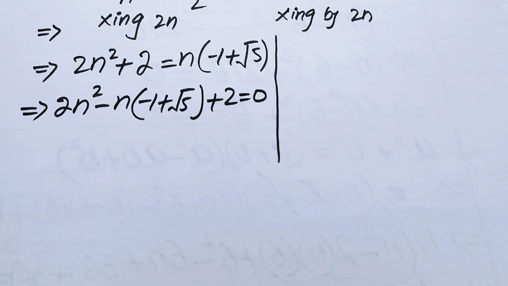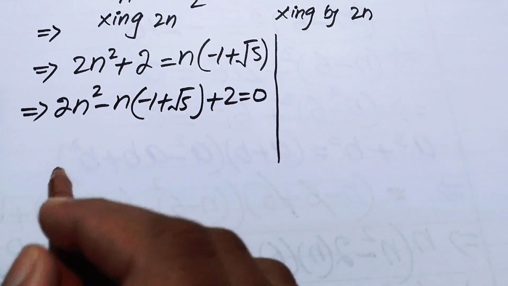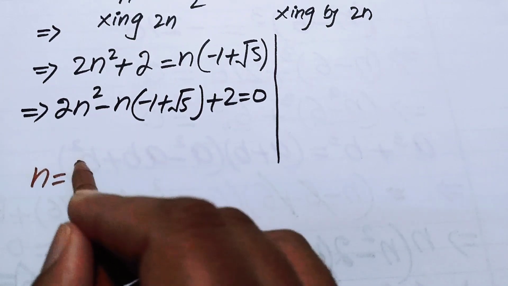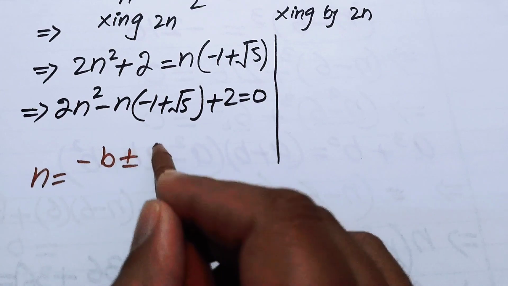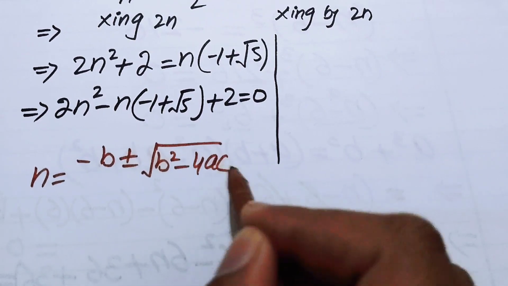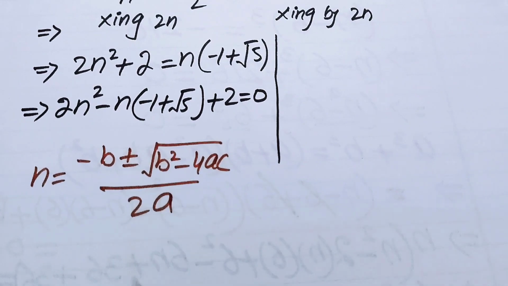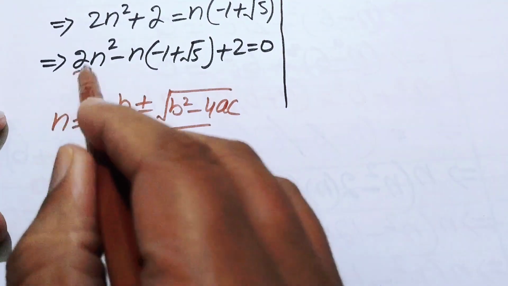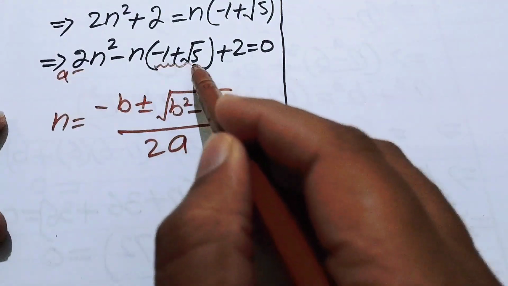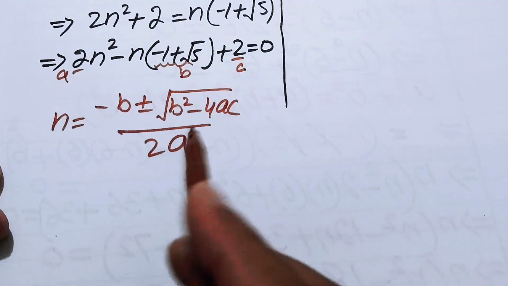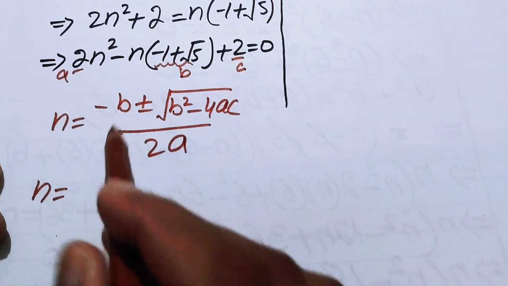Now we use the quadratic formula here, and you will get the value of n equals minus b plus or minus the square root of b squared minus 4ac, over 2a. Now we put the values of a, b and c here. This is the value of a, this is the value of b, and this is the value of c. So we put these three values here, and you get n equals minus b.